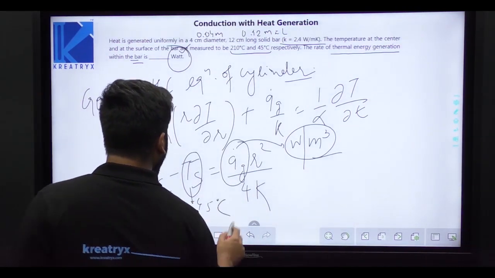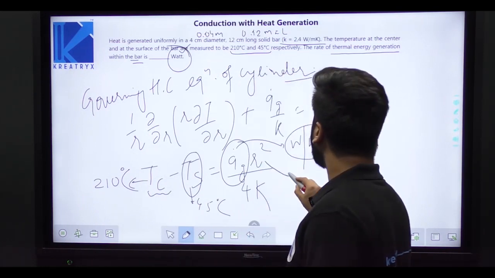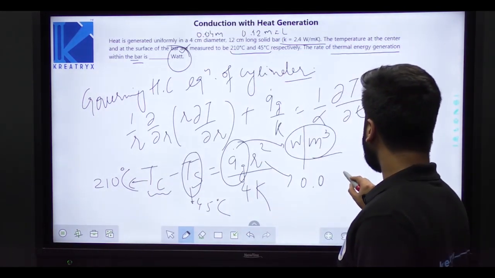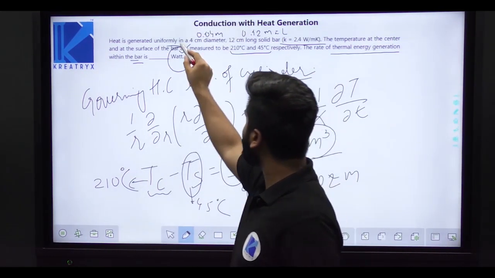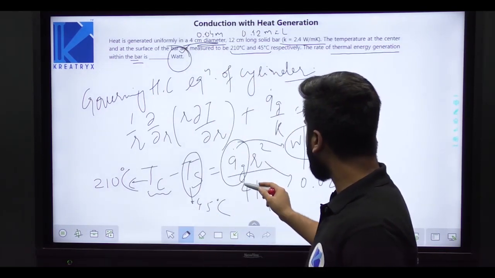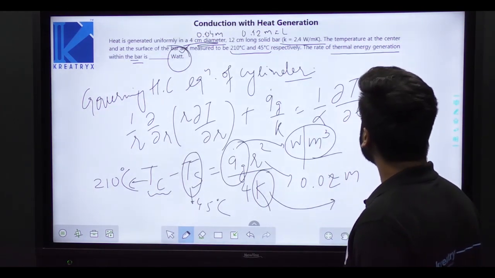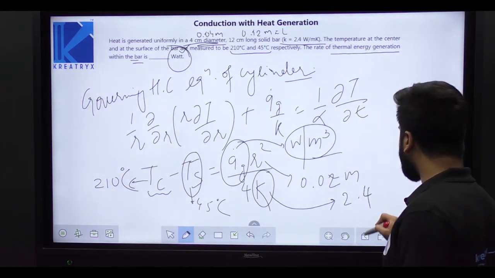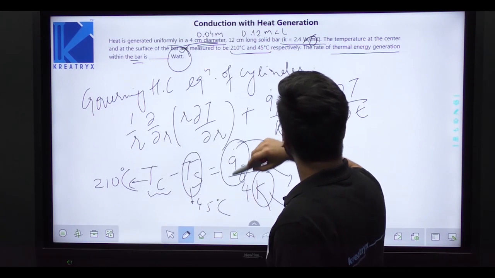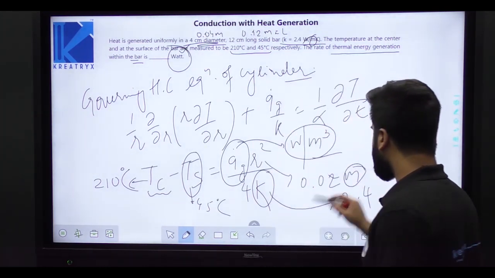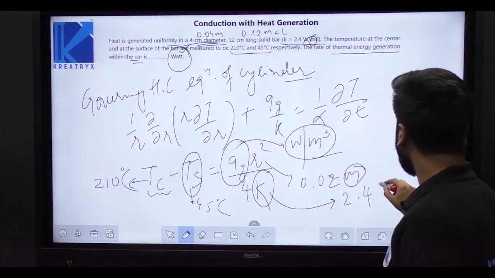Radius is 0.02 meter because diameter is given. Be careful, the diameter is given, and in the formula it is radius. Thermal conductivity is also given, which is 2.4 watt per meter Kelvin. Here it is meter, so R will also be in meters.